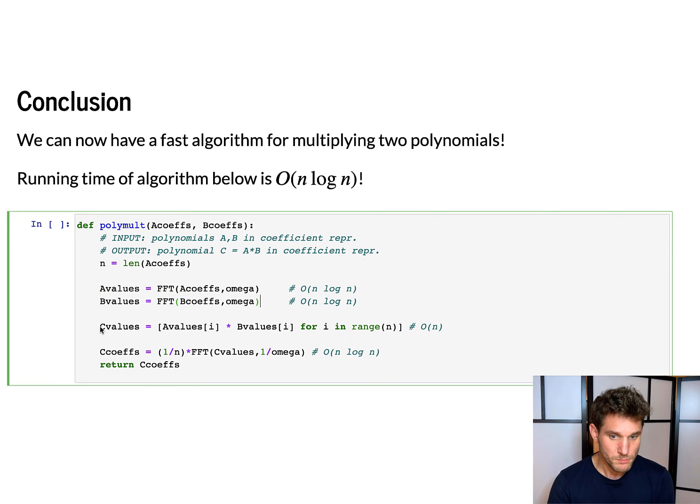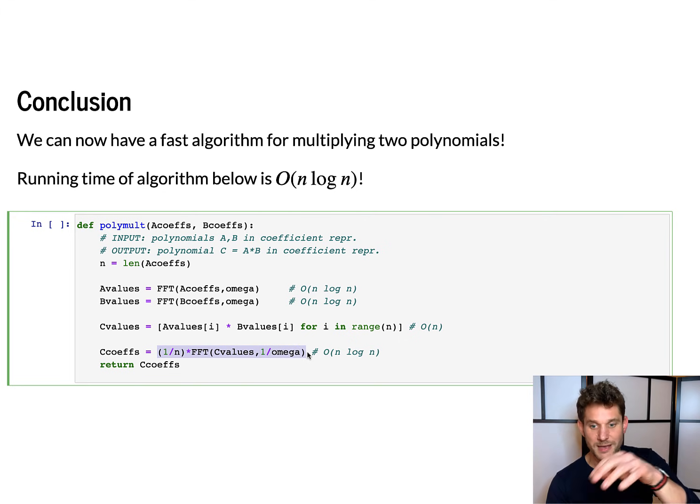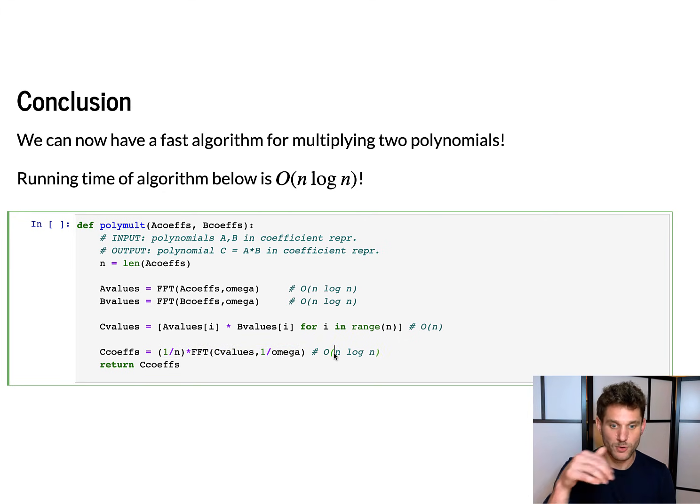We then multiply them together to get C in value form by simply multiplying all of the values together one by one. This is an O of n operation. Now we want to go back and get a coefficient representation of the polynomial C. We simply use this inverse transformation that I said. You can use FFT to both go from coefficients to values, but also to go back from values to coefficients. Now we have C coefficients, and we can return that.